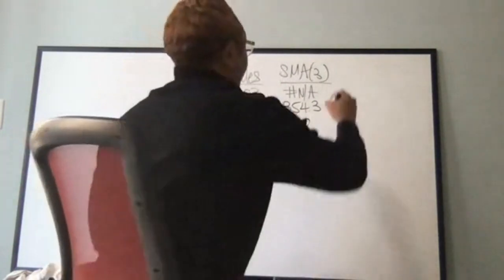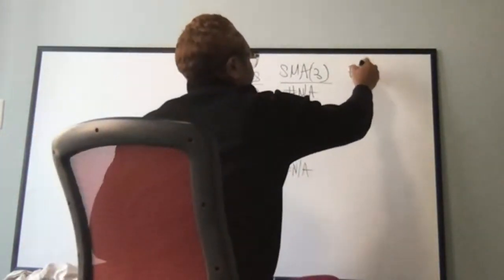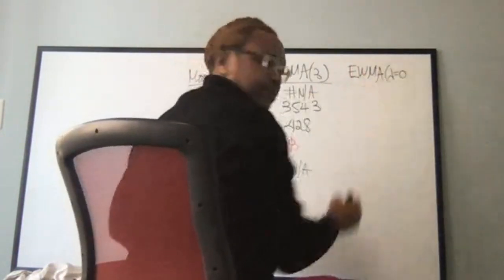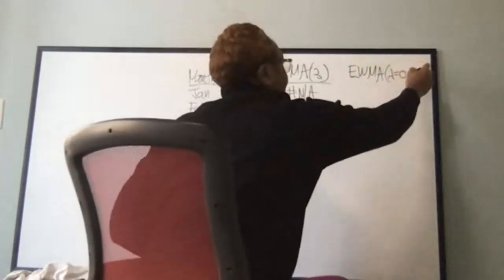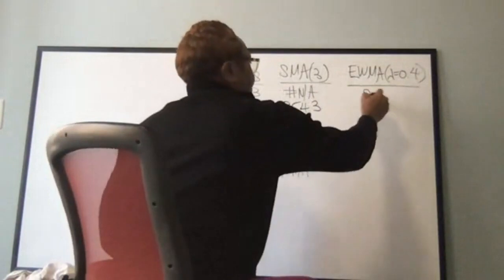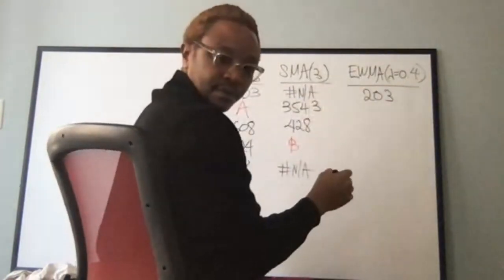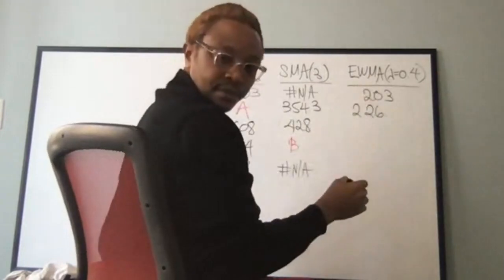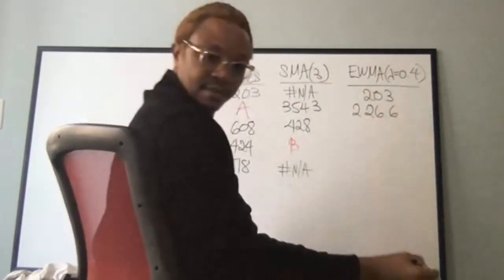And then finally, I'm going to say EWMA lambda equals 0.4. This is going to be 203. This is going to be 226.6.